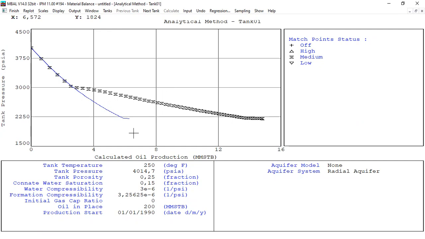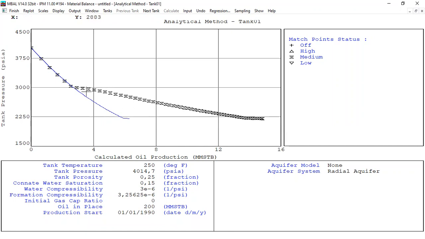Okay, my hypothesis is like this. Firstly, I only produce from tank 1. But after that, there is cross flow from tank 2 to tank 1, so that tank 2 will support the pressure of tank 1.